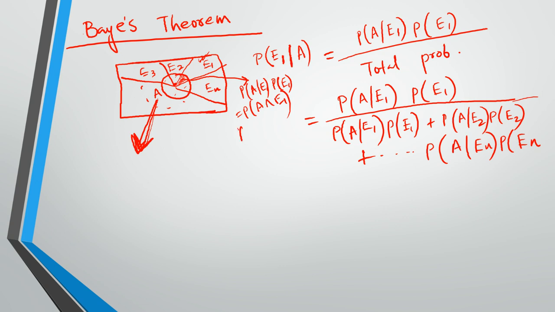So that is the probability that A has occurred from E1.